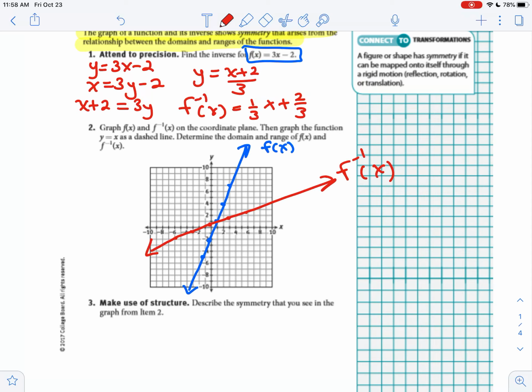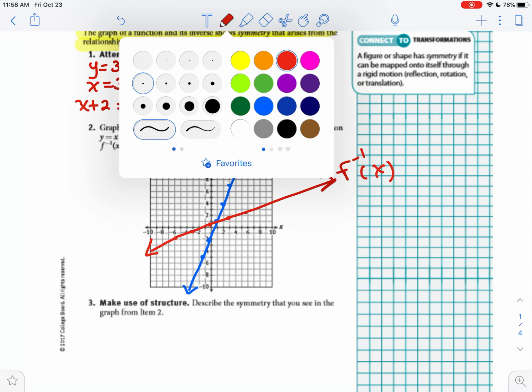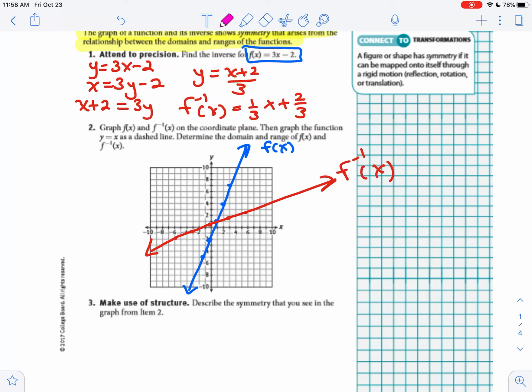But hopefully you can see that there is specific symmetry to the graphs. The graph of the function and its inverse have symmetry about a special line, a line that goes through the origin. I'll do that line in pink. If you see the line y equals x, that's the identity. Every y coordinate equals every x coordinate.